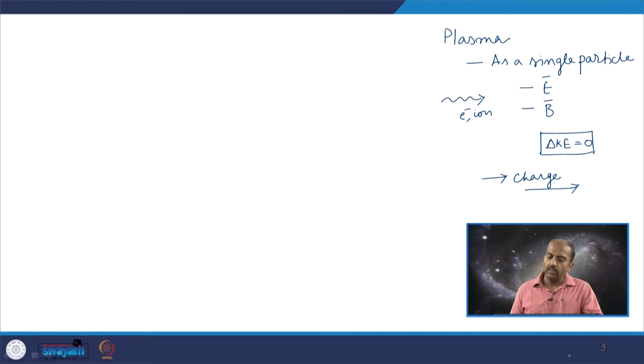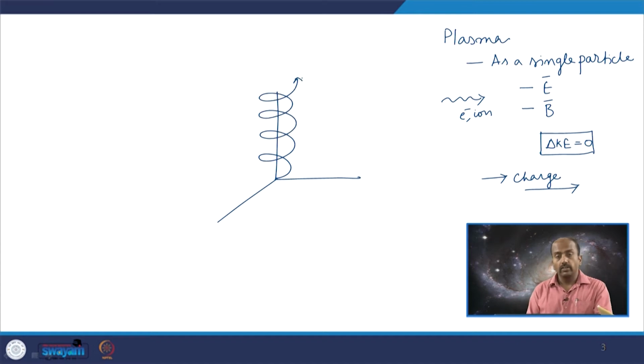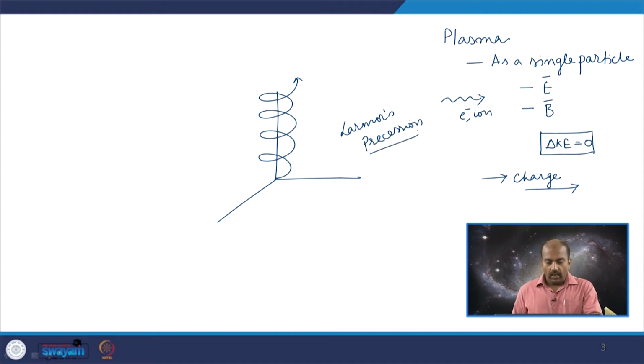When we considered only the magnetic field, the particle will gyrate like this, and this gyration was also called Larmor's precession.